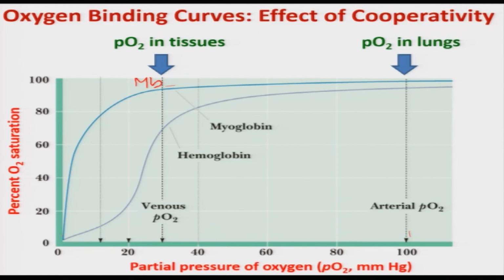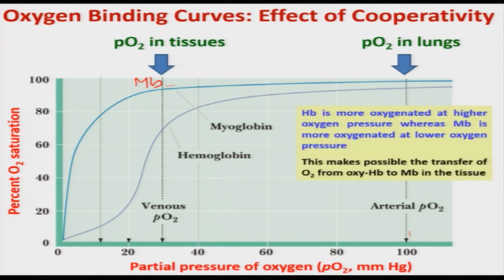So, this curve is sigmoidal for hemoglobin, which is a clear reflection of cooperative binding of dioxygen. Otherwise, if there were no cooperativity, you could expect the hyperbolic saturation curve, as one can see in the case of myoglobin. This is very important. Hemoglobin is more oxygenated at higher oxygen pressure, which is present in the lungs, whereas myoglobin is more oxygenated at lower oxygen pressure such as in tissues.